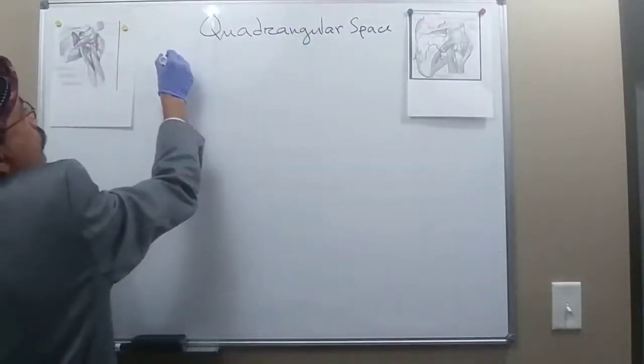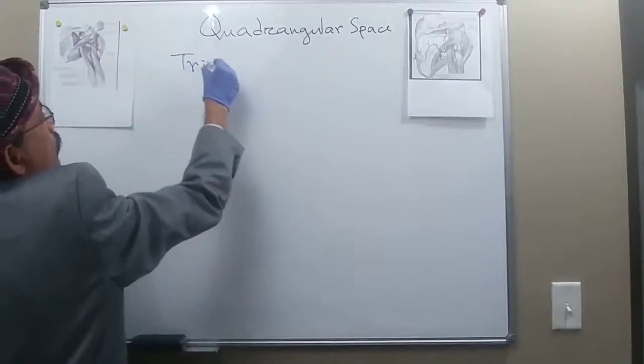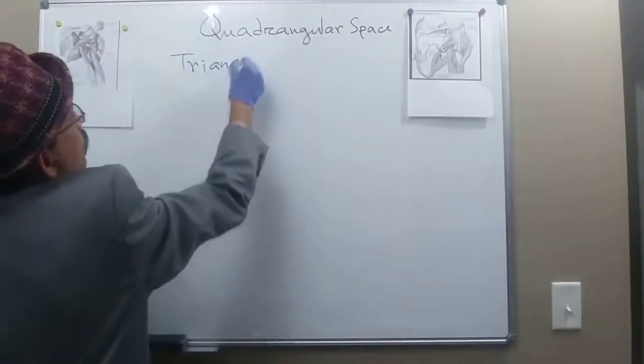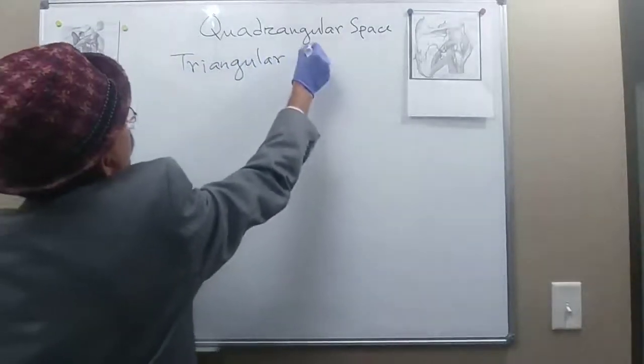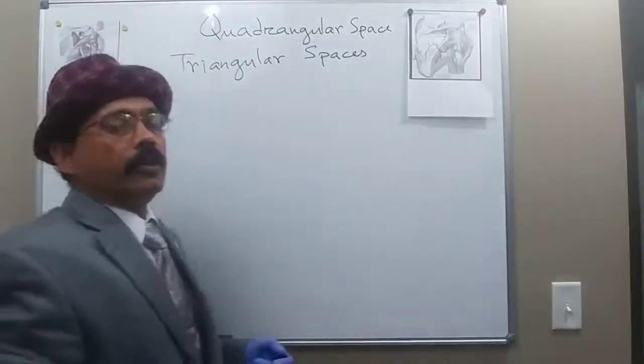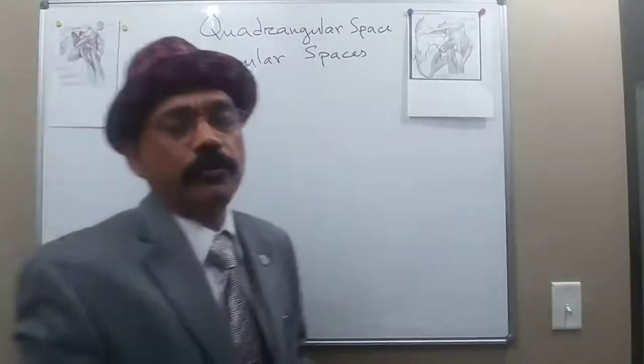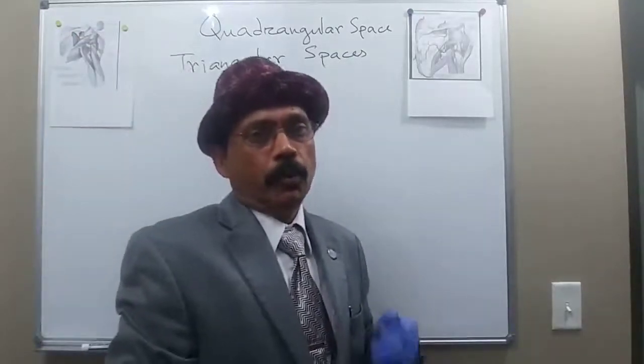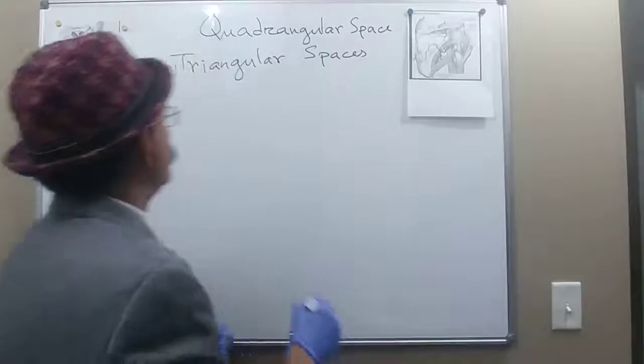And we'll go through the triangular spaces. These are intermuscular spaces over the scapula.